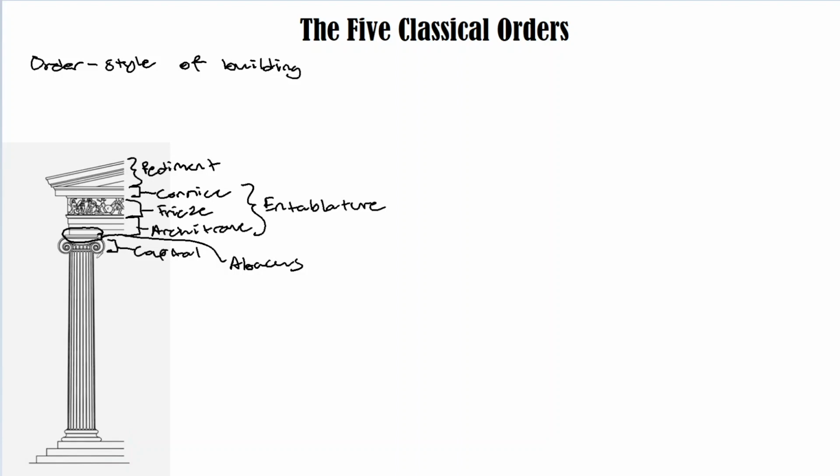Alright, the next portion is called the shaft, which is pretty self-explanatory. After, the base of the pillar is known as the plinth. And then this part, which is also not part of the actual order, is called the stylobate.